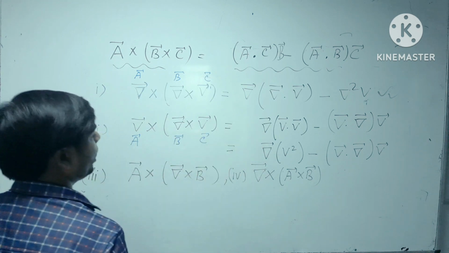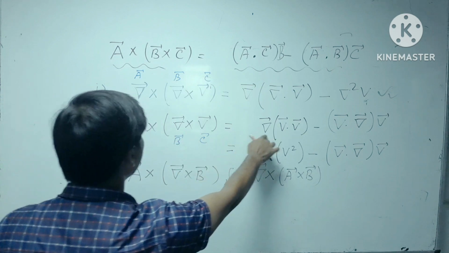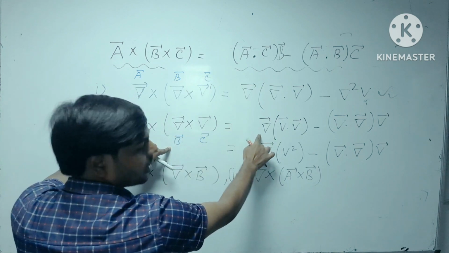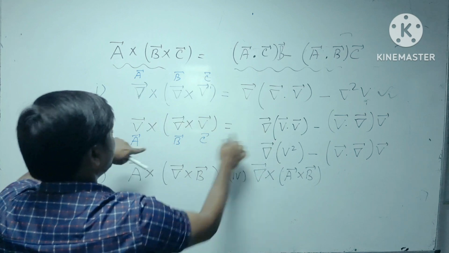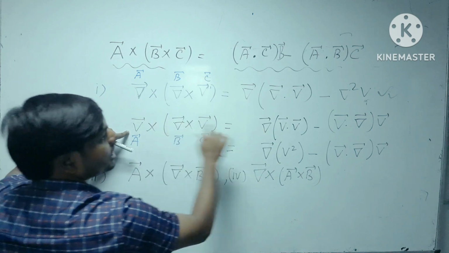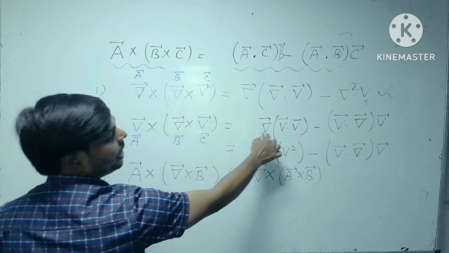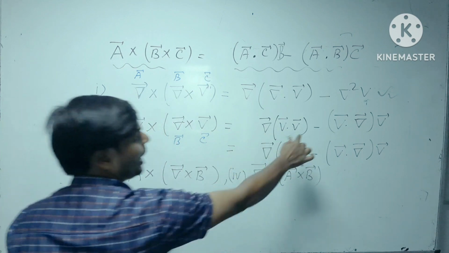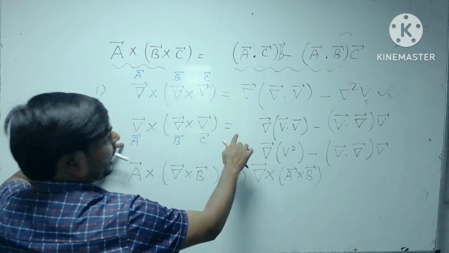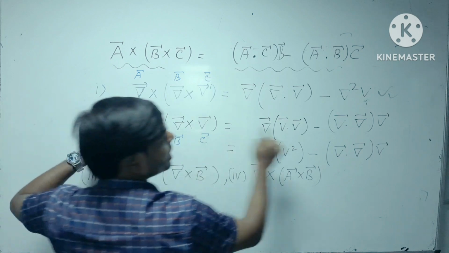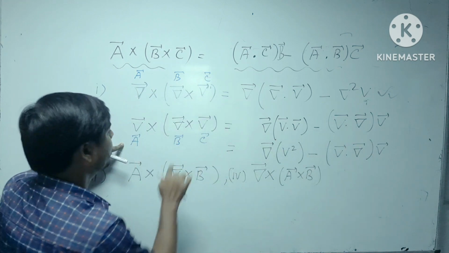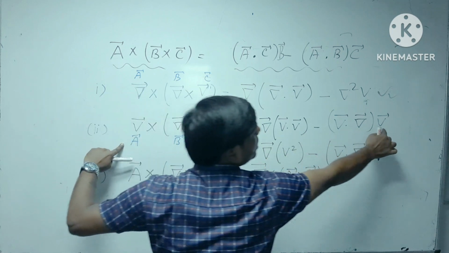If you use that rule, it will simply give b, that is nabla, that means a dot c, that is v dot v, so gradient of v dot v, minus a dot b, that is v dot nabla into v, so this is v.